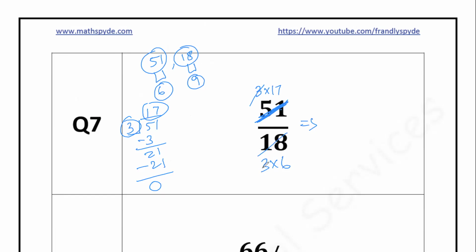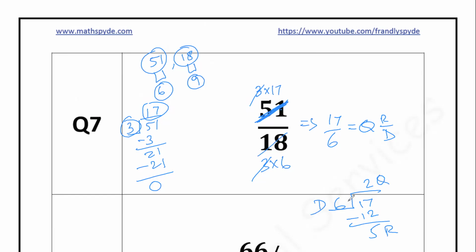So 3 and 3 goes, and my answer is 17 over 6. But this 17 over 6, I need to write down as quotient remainder upon divisor. So we do our division. 6 goes in 17 two times.